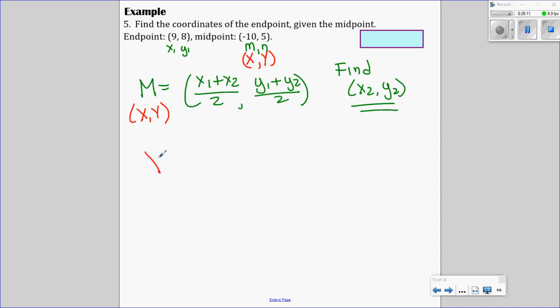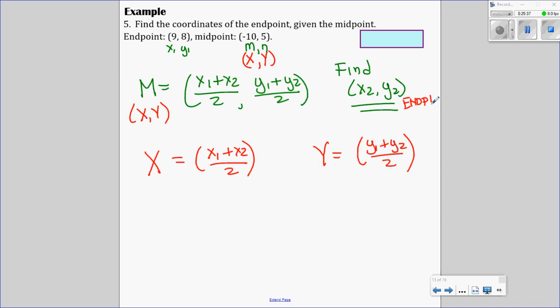So I'm going to have the big X equals x1 plus x2 over 2. And then for the big Y, I'm going to do that for the Y. So y1 plus y2 over 2. Again, you're using this formula in order to find your other endpoint. And I'm going to put the word endpoint and abbreviate it.